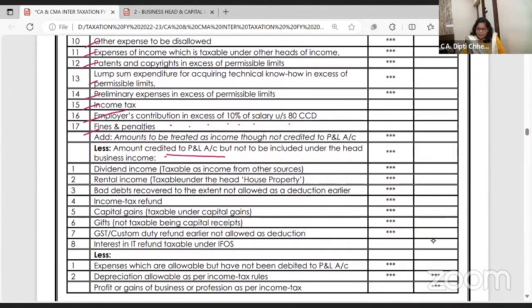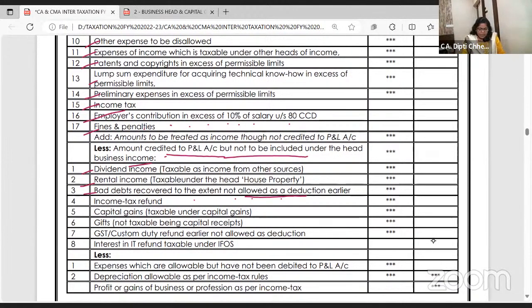Now, amount credited to P&L account but not included under business income, like dividend income, where it should go other source. Rental income, bad debts recovered to the extent not allowed as deduction. Earlier only bad debts were not allowed, तो तभी disallow हुए थे, तो तभी add back होके taxable हो गए. Now when you receive, are you going to tax again?